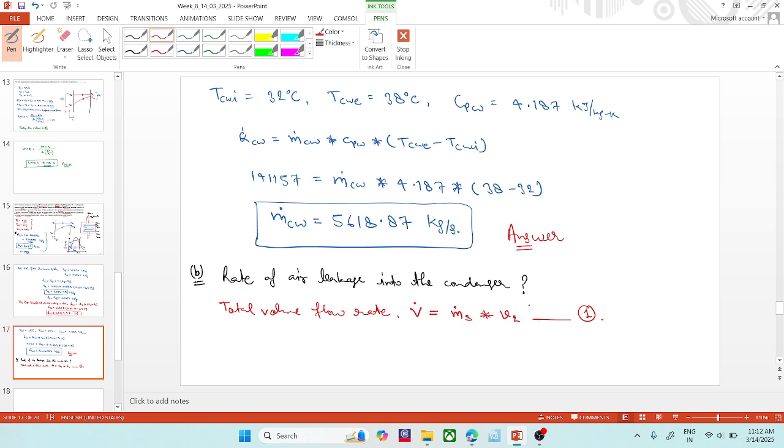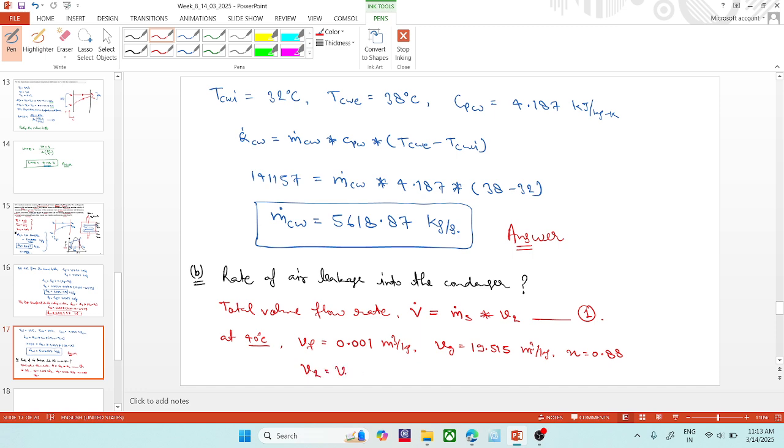At 40 degrees centigrade, the specific volume of the fluid was 0.001 meter cube per kg, and the specific volume of the gas was 19.515 meter cube per kg, and the quality we have is 0.88. With the help of this, we can determine the specific volume at point 2.